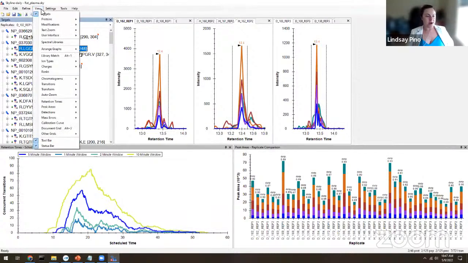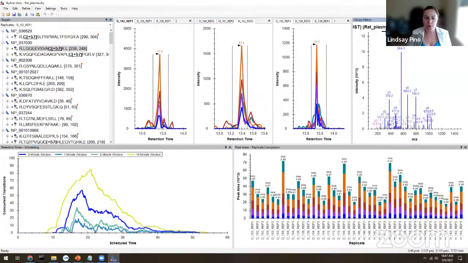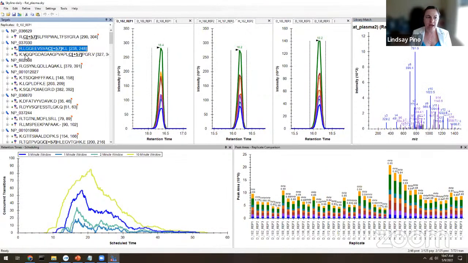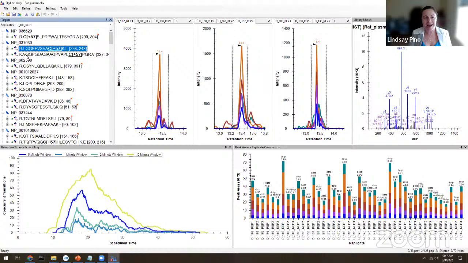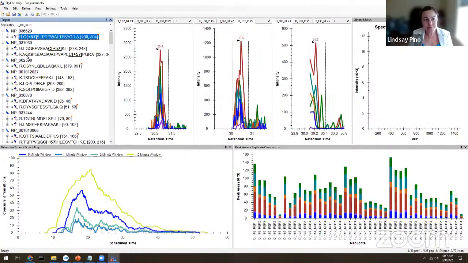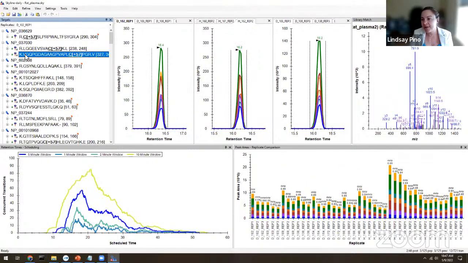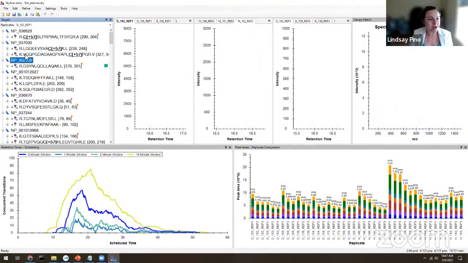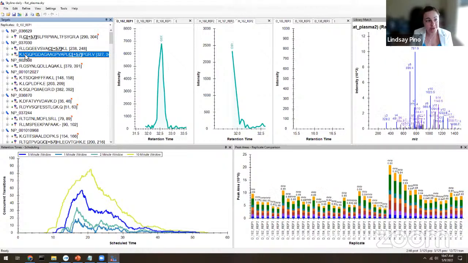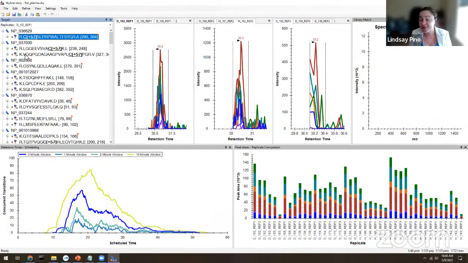You can also go to the top, View, Library Match, and that will open up a window for the peptide that you're on. And now as you click or use your arrow keys to select different peptides, it will show you the matching spectra for the peptides that have spectra. This first one does not have a spectrum for whatever reason.